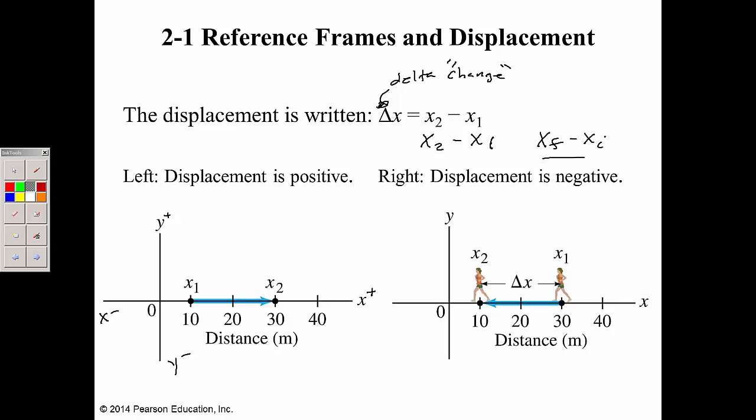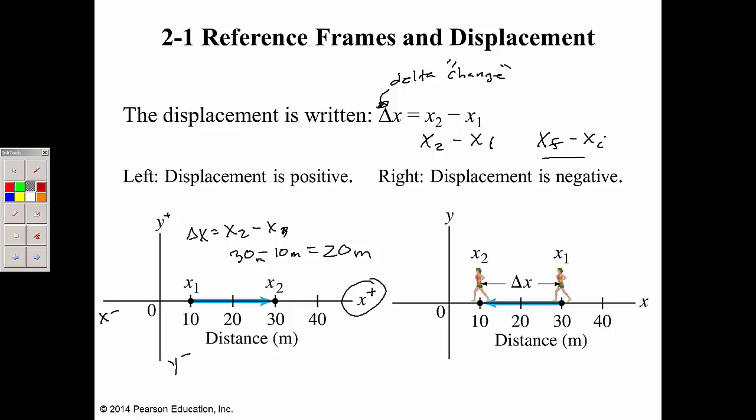So if our displacement goes from, say, 10 meters to 30 meters, then x2 is 30 and x1 is 10. So our displacement would be positive 20 meters. That means I've moved from the left to the right towards the positive x direction.